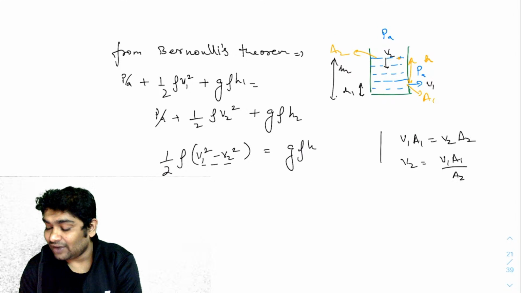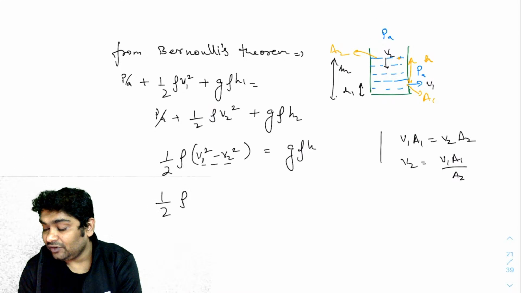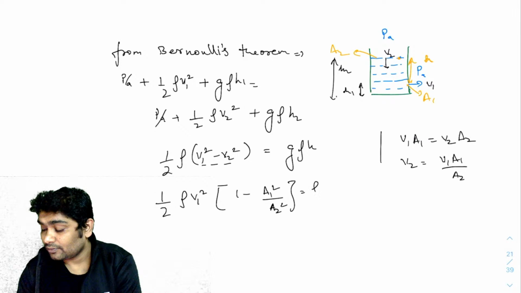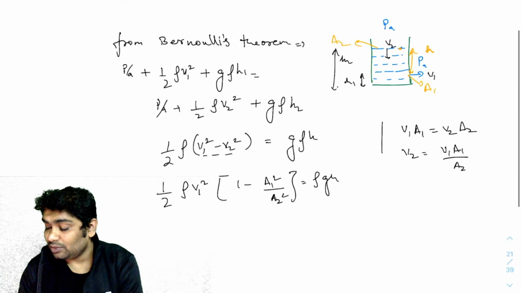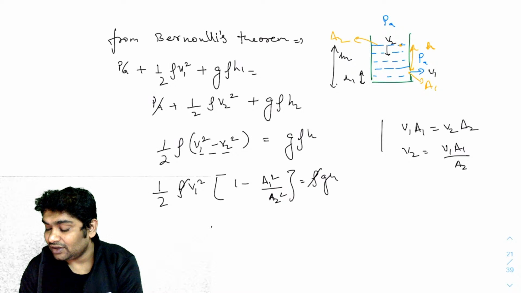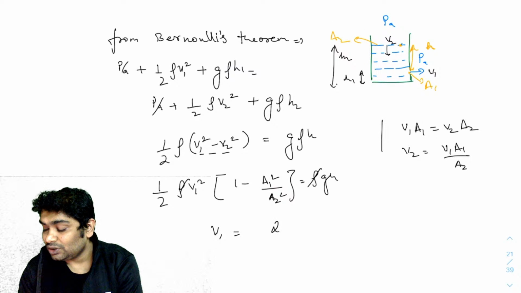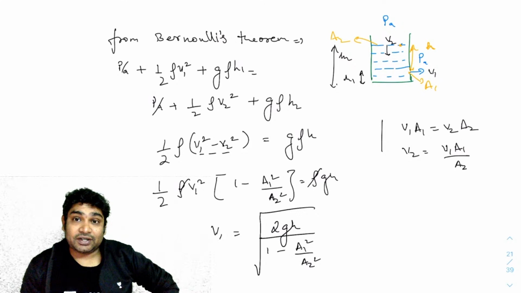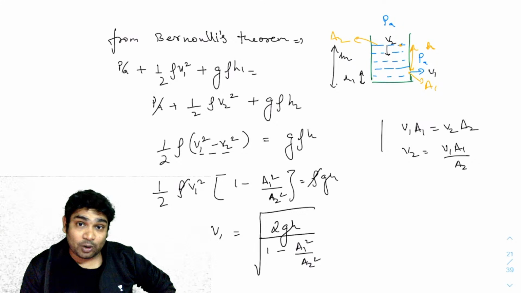If I substitute this value here, then half rho V1 square can be taken as common, and I have 1 minus A1 square over A2 square equals rho g h. Rho gets cancelled, and V1 becomes equal to the square root of 2gh over 1 minus A1 square over A2 square. So this is the actual expression for the velocity of efflux without any approximations.